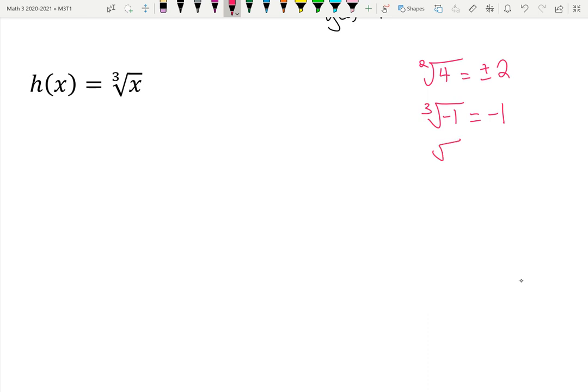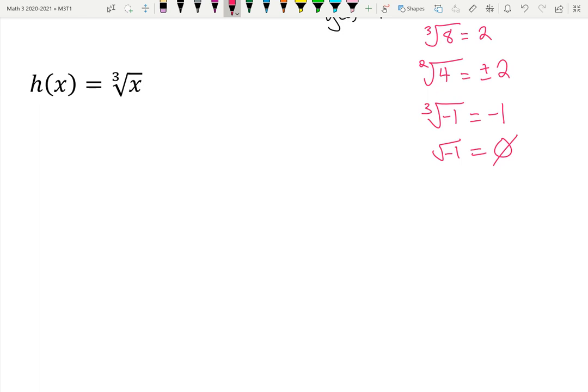The square root of negative 1 does not exist. The cube root of 8 is going to be 2. Notice how with the odd root, there aren't two answers. What this is essentially saying is what number times itself 3 times equals x.